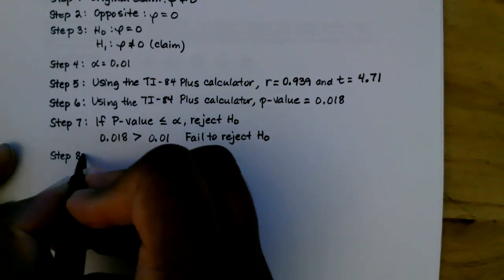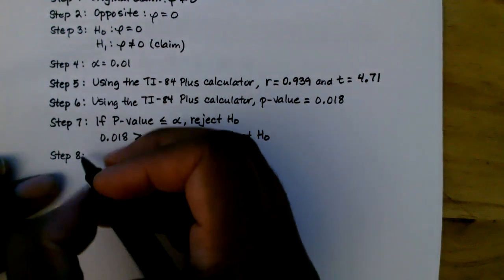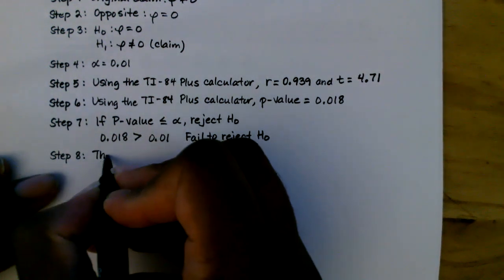And then finally, step number 8 is our conclusion. We failed to reject the null hypothesis, but the claim was the alternative hypothesis. That means that there's not sufficient evidence to support the claim.